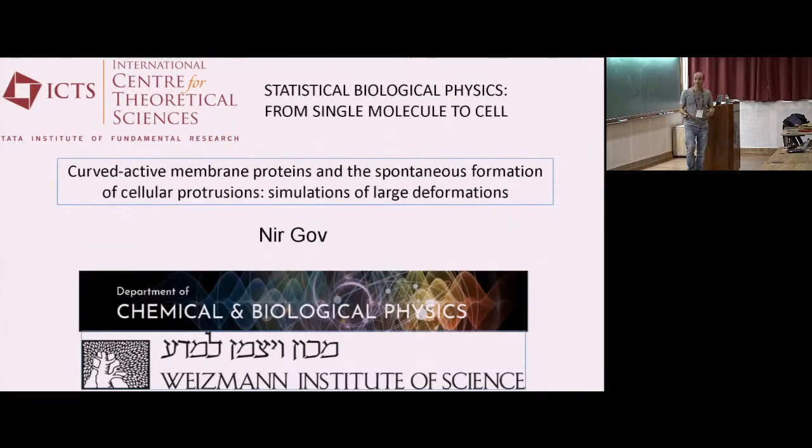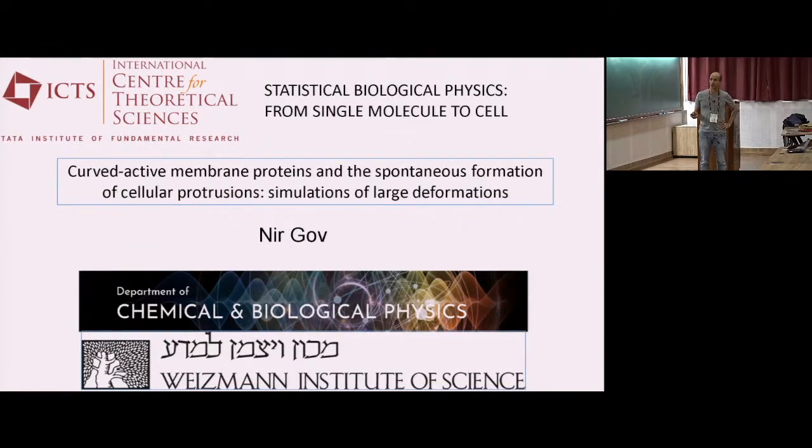Yesterday I showed you that this idea that you can have membrane proteins that are both curved and induce active forces by recruiting the actin polymerization, the actin cytoskeleton, can initiate cellular protrusions.